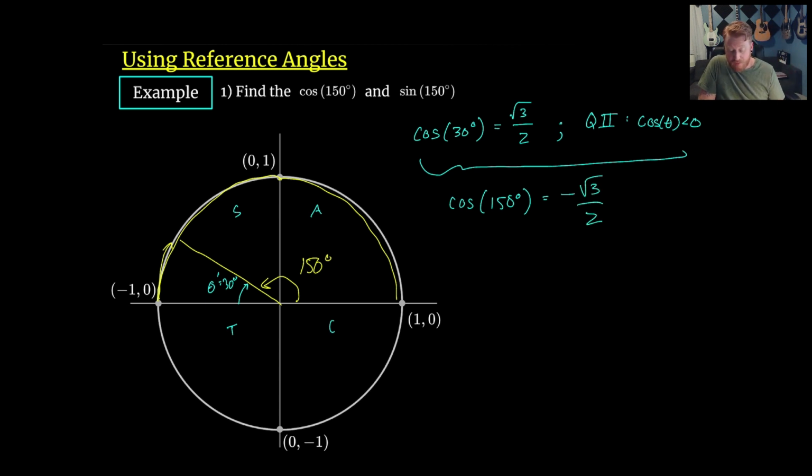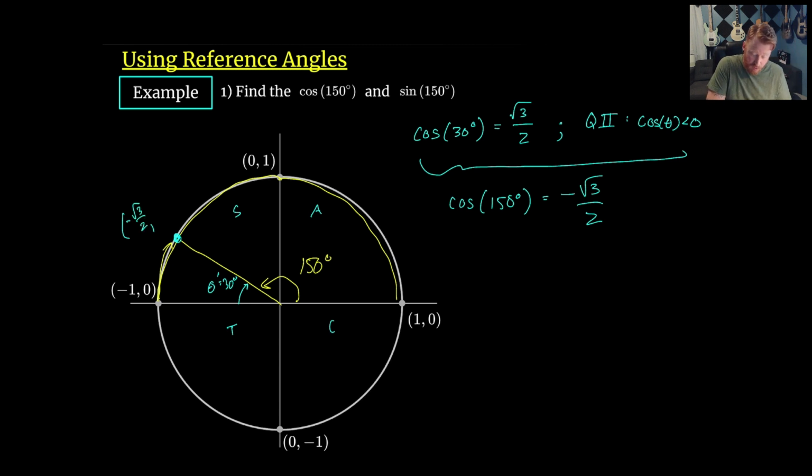If you take the absolute value of each, we get the square root of 3 over 2. But here, the cosine is negative, so we need to make a negative value here. So I could even tell you what this point is now. This is going to be the negative square root of 3.